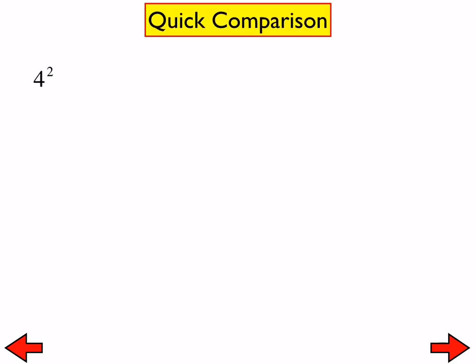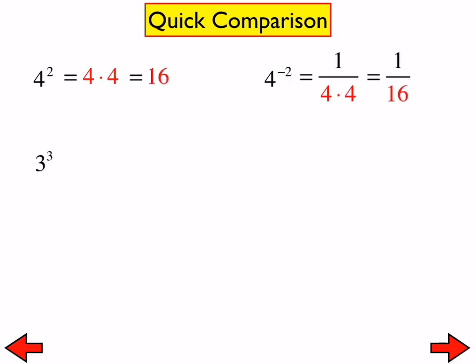What's 4 to the 2nd power? Tell me quickly. 16. What's 4 to the negative 2 power? 1 over 16. Good. What's 3 to the 3rd power? 27. And there were a few of you who knew that one in your head. By the time we get through with all this exponent stuff, you're going to have so many of these memorized.